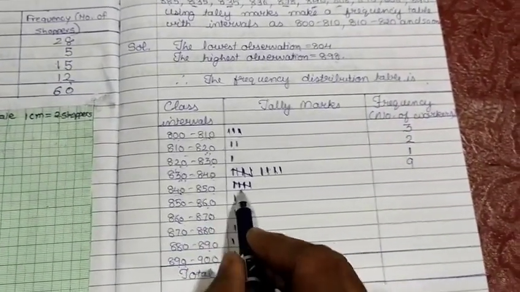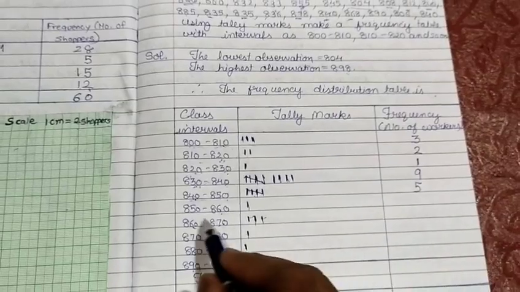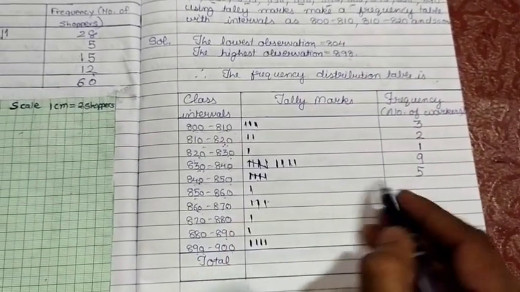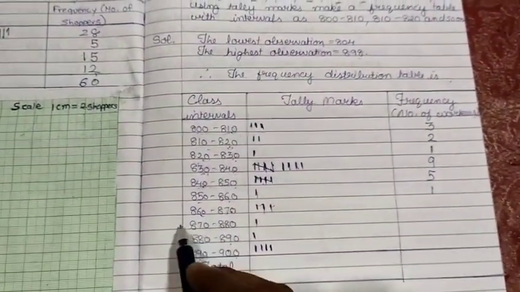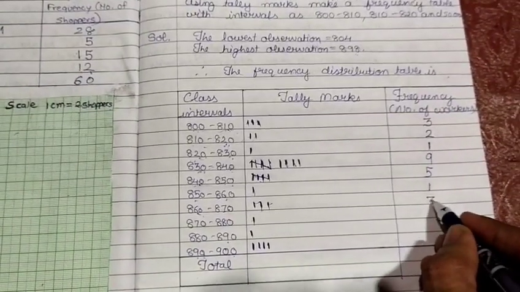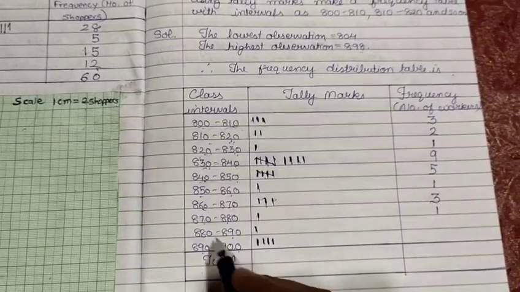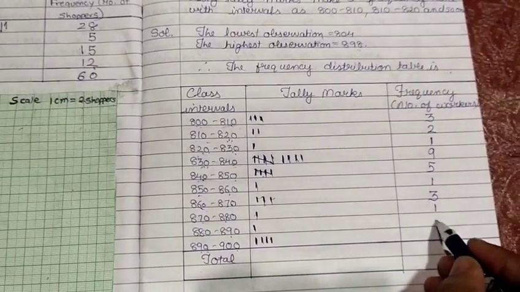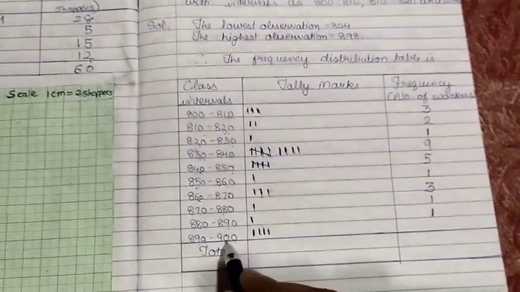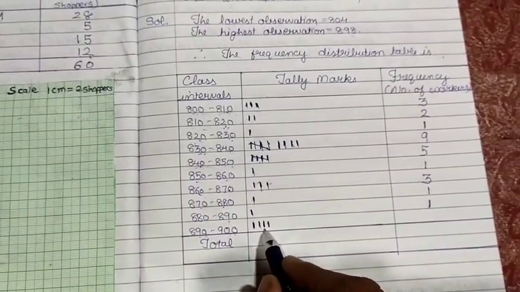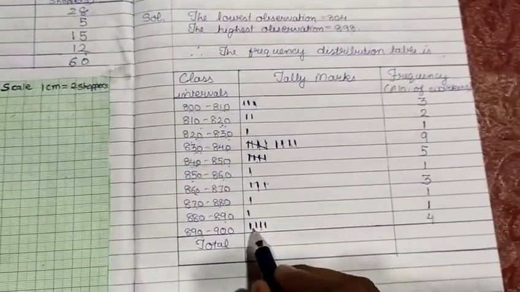Then 840 to 850, 5 workers. Then 850 to 860, 1 worker. Then 860 to 870, 3 workers, then 870 to 880, 1 worker, then 880 to 890, 1 worker, then 890 to 900 rupees, how many workers used to get? 4 workers: 1, 2, 3, 4.